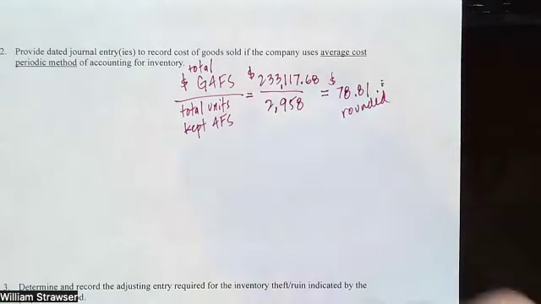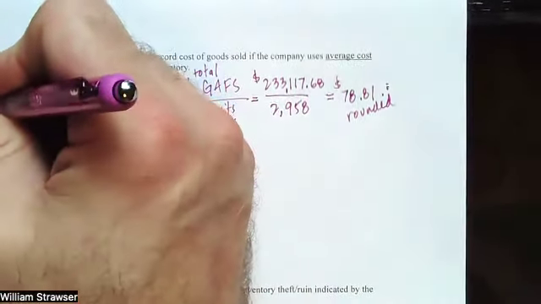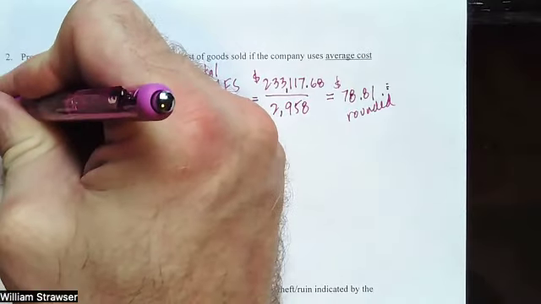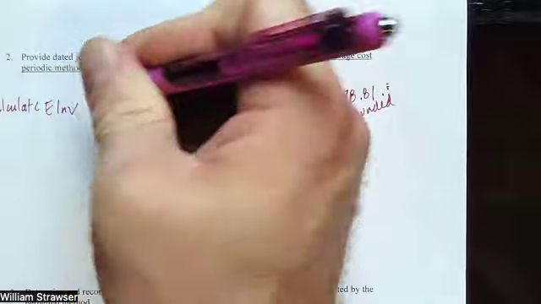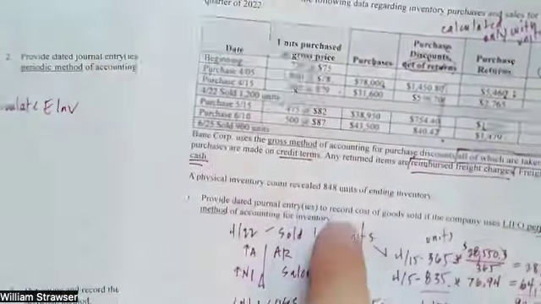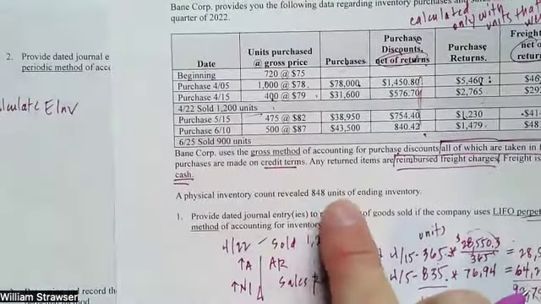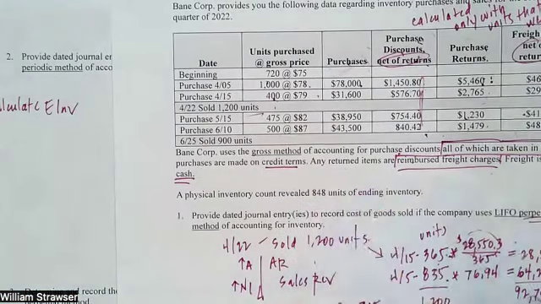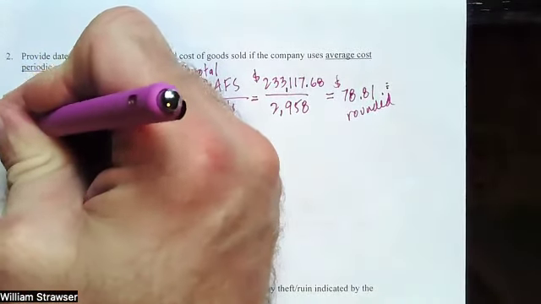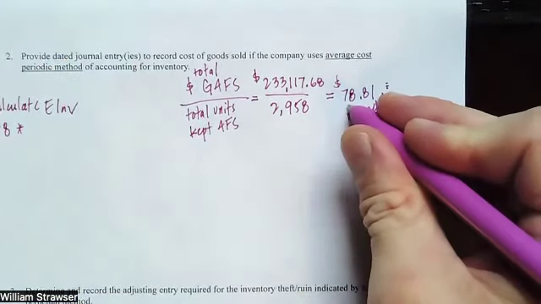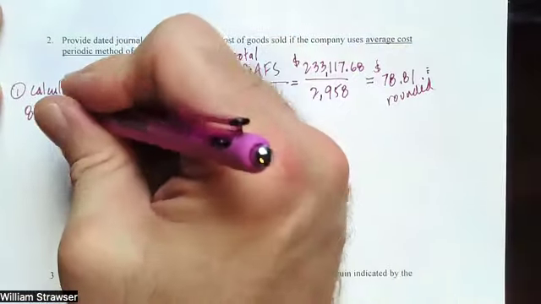So if we're making the periodic entry, remember the first thing is we calculate ending inventory. And we're going to do that by just taking the 848 units that were counted, the physical inventory count, and multiply it by the amount I got per unit.